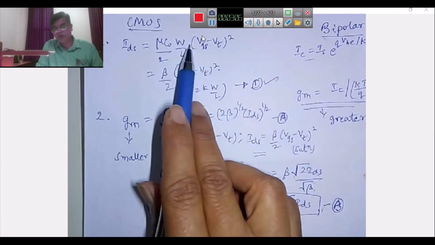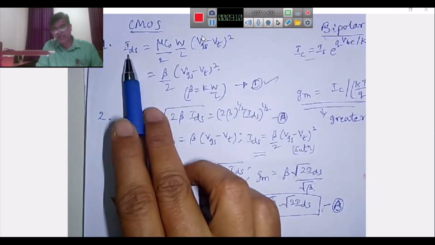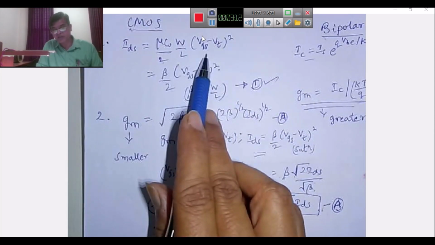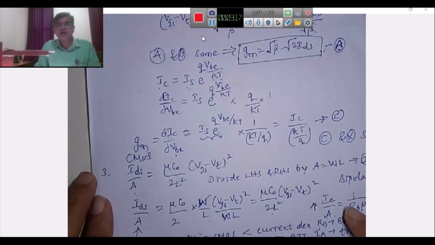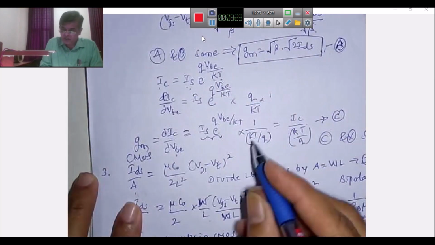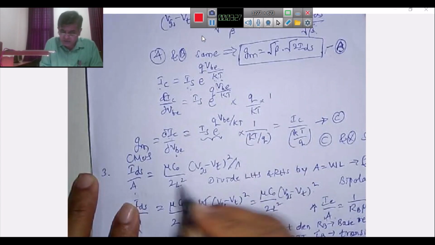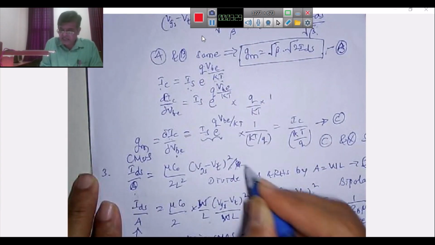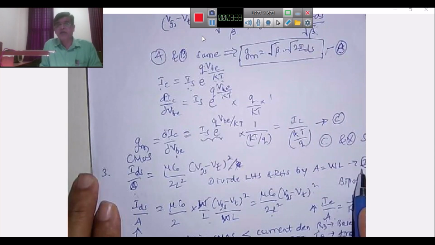So if I divide the LHS and RHS of this equation by A, I get IDS by A into mu C0 by 2L into VGS minus VT whole square, whole divided by A, where A equals W into L.